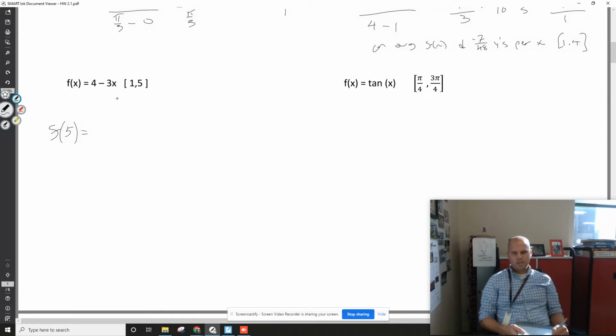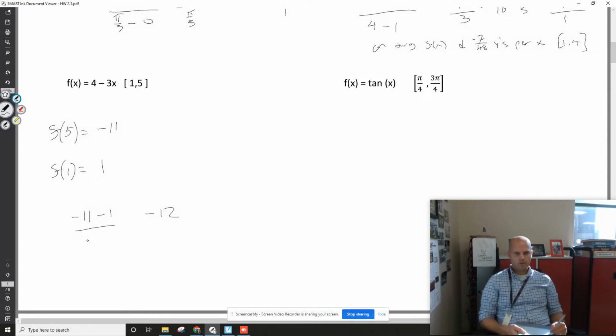4 minus 15 is -11. 4 minus 3 is 1. So from 1 to -11, I went down 12. If you want to subtract to get that. I don't like to use the slope formula often, like when I can just see from here to here, what did I do? I went down 12.